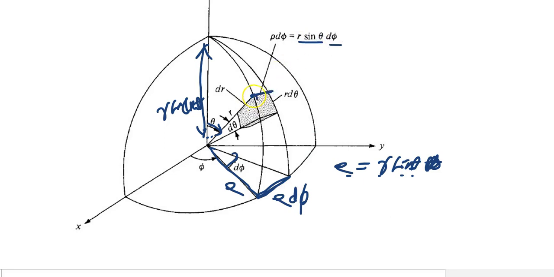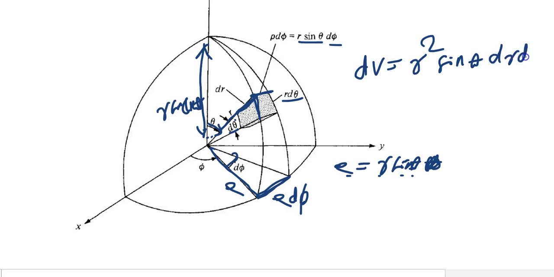This is very clear. This is your r and this is your d theta. So this arc length will be r d theta, and this is dr. dv will be the multiplication of all: r square sin theta dr d theta d phi.